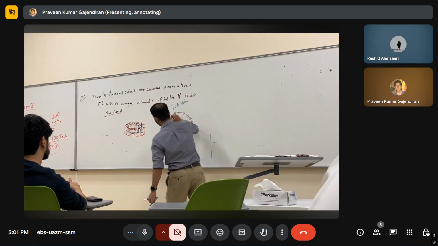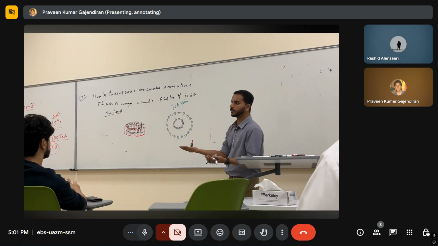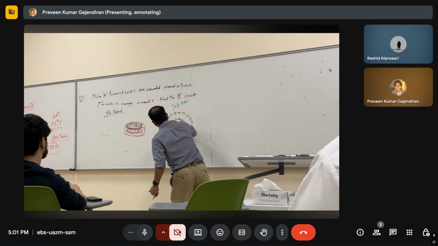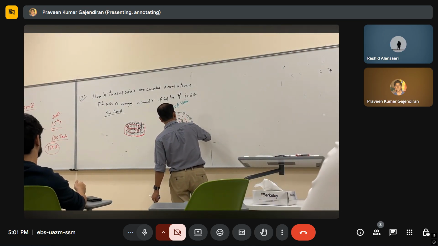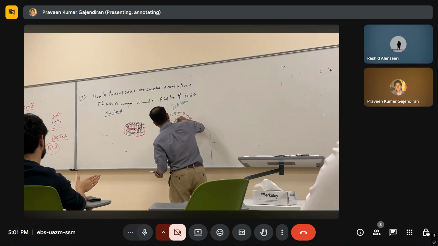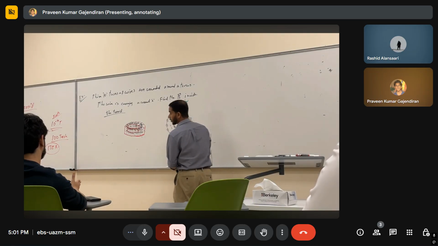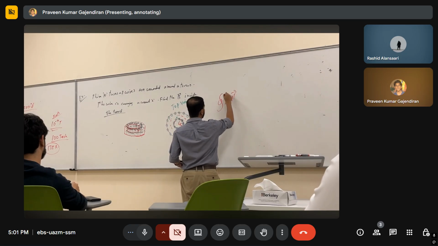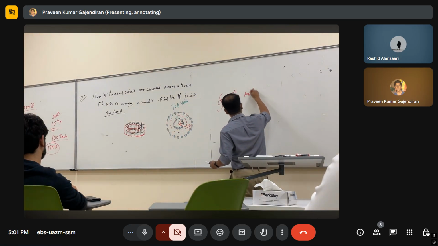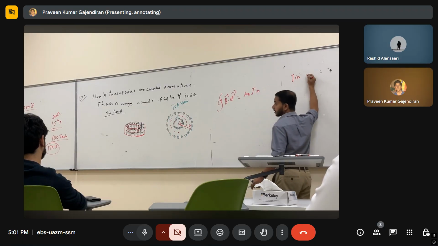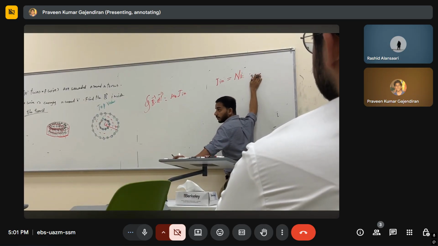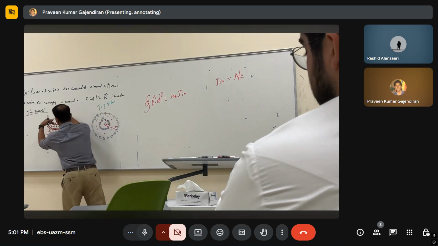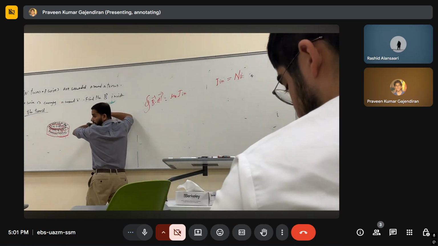So how do I solve this? When you cut it, it will be looking like this. You just draw an Amperian loop. Assume this is R1 and this one is R2, and the Amperian loop has radius R. What is the current enclosed? Over the wire, N number of wires, each carrying current I. You don't need to know how many wires are there; whatever wires you are binding, all of them go in the same direction.